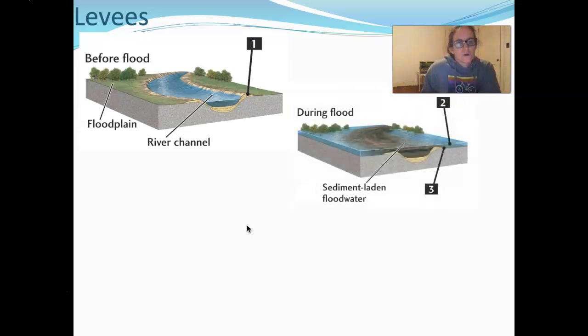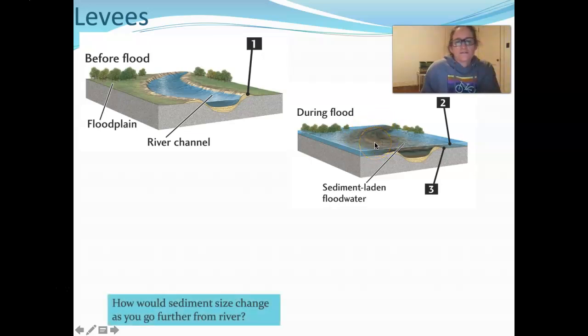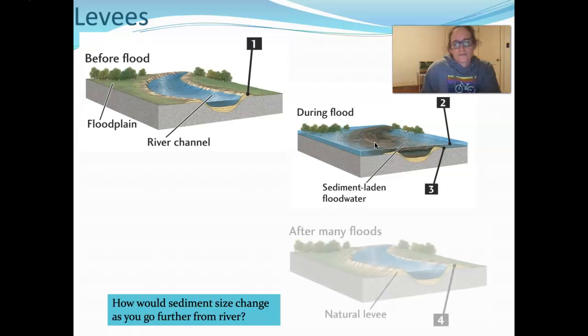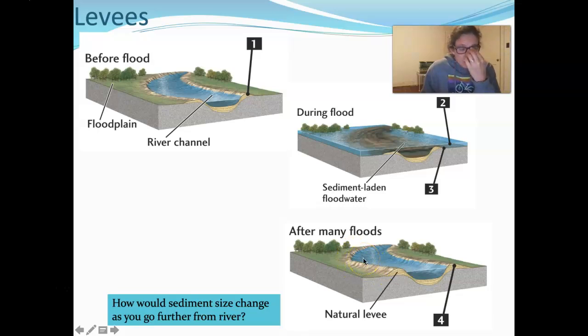During the flood, water leaves the channel carrying sediment out of the channel. As the floodwaters recede, the levee is going to build up because the water receded and left the sediments behind.